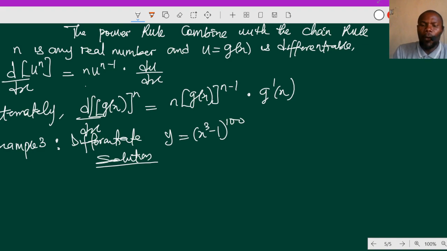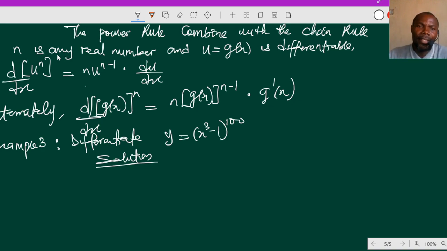Now going to the power rule combined with the chain rule. So what we want to explain now is the power rule combined with the chain rule.